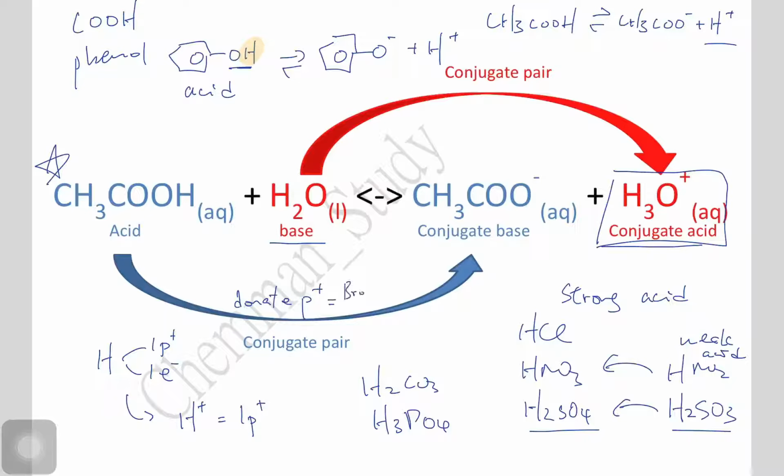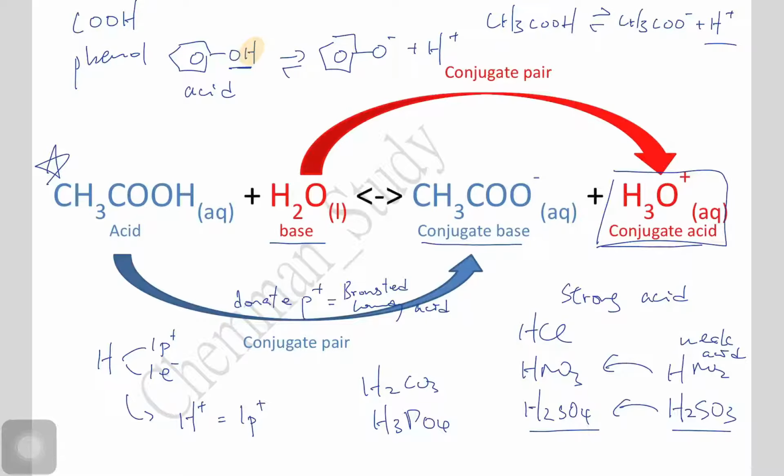Then people call it a Bronsted-Lowry acid, which is a common acid-base theory that we use in chemistry, especially for acid-base calculations. After they form CH3COO minus, people will call this one the conjugate base.